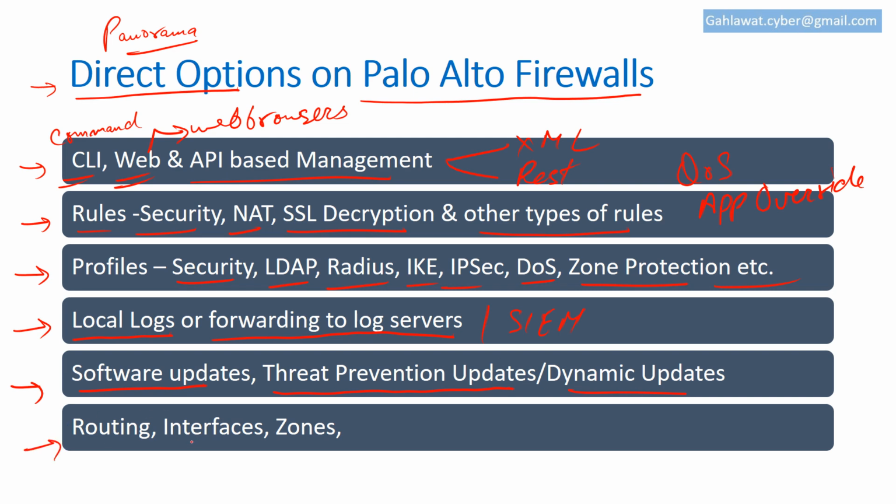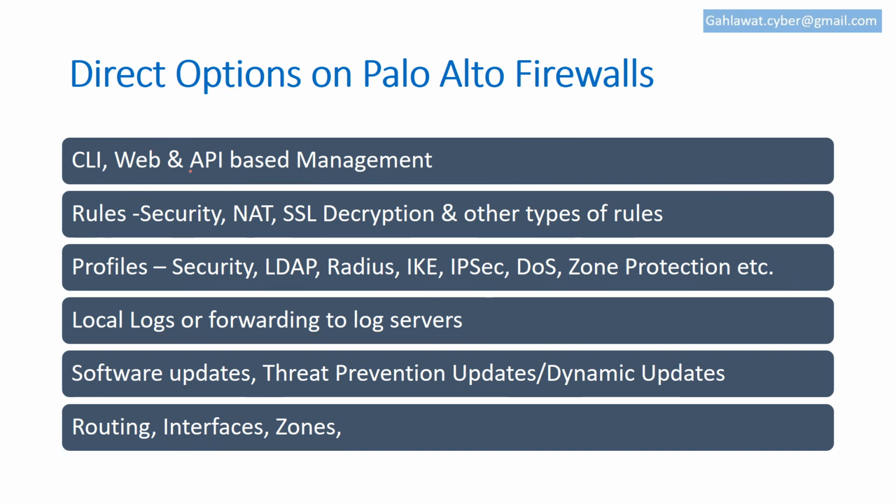The routing, interfaces, zones, etc. can be managed directly on the Palo Alto firewalls as well. So for all these managements, the admin has to use these methods: the command-based, the web-based, or the API-based method.